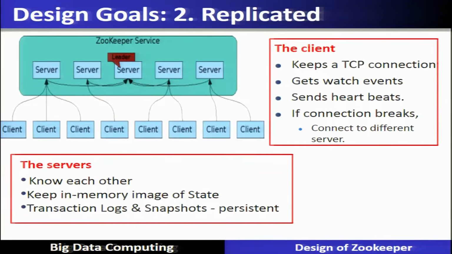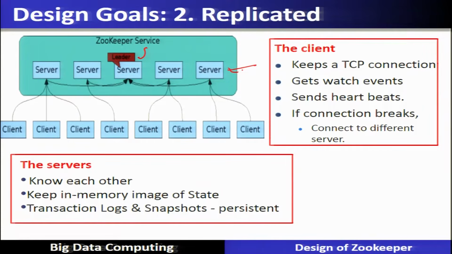As far as the write or update operation is concerned, it has to go through the elected leader, and out of these servers at this point of time, this particular server is denoted as the leader. Here we have the set of servers. They know each other, keep an in-memory image of the state, and also maintain the transaction log and snapshots persistently.